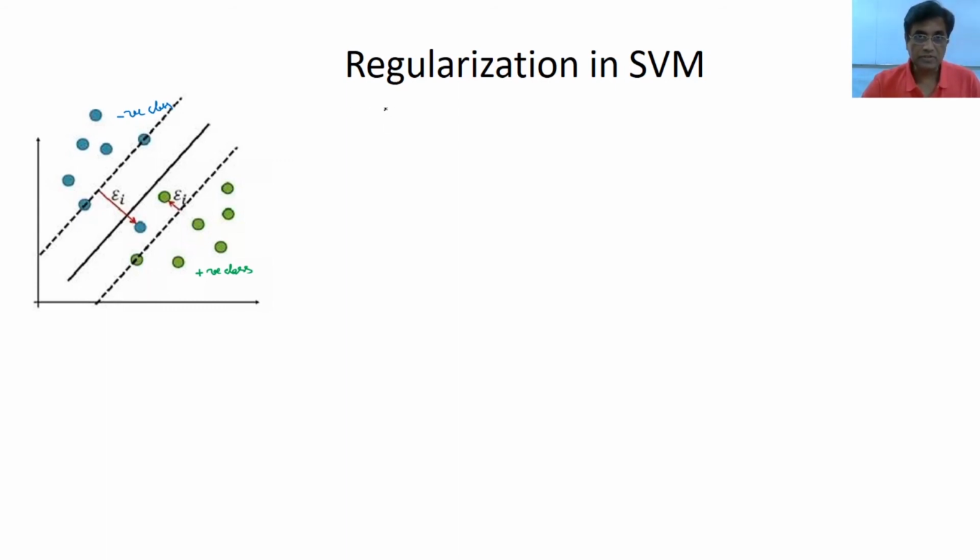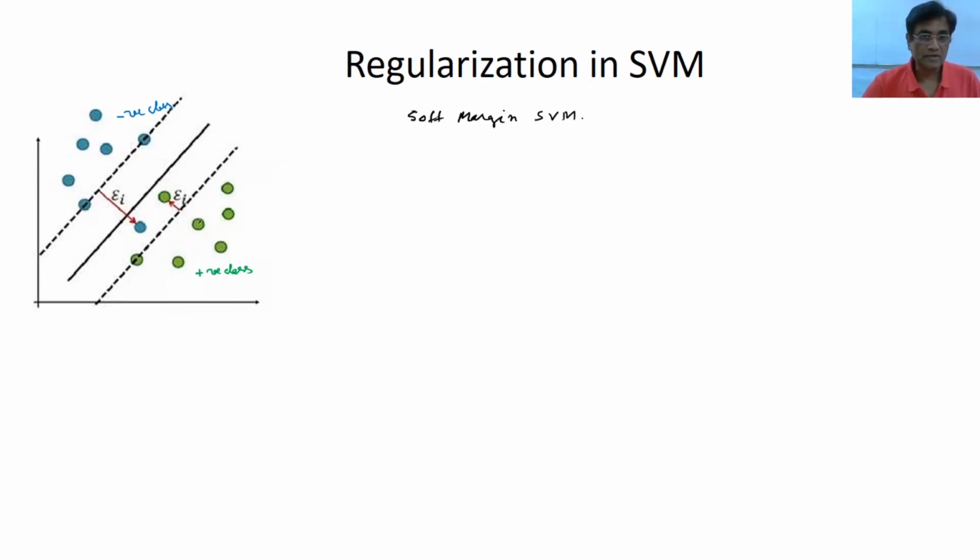The concept is actually also called the soft margin support vector machine, or soft margin SVM. So what is the idea? Suppose this is my negative class, this is my positive class, and we have some samples like this, but there are some outliers.